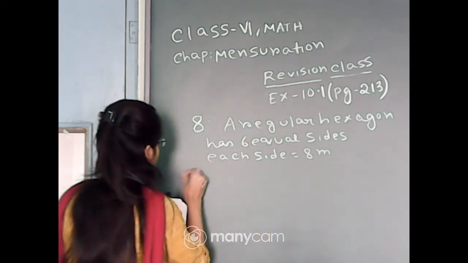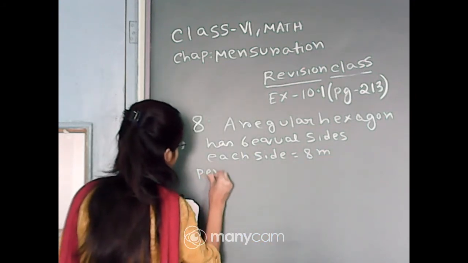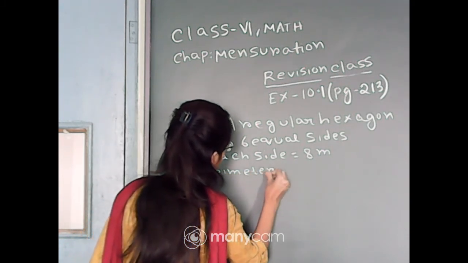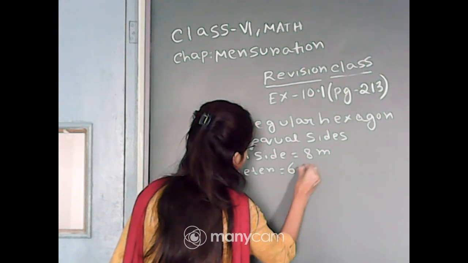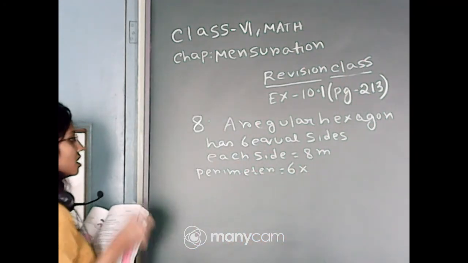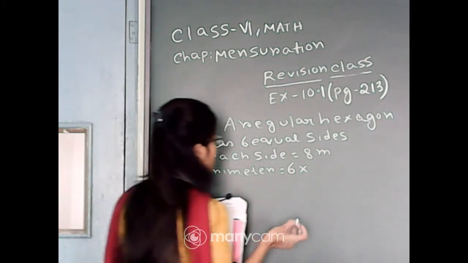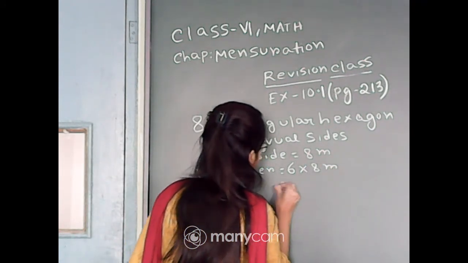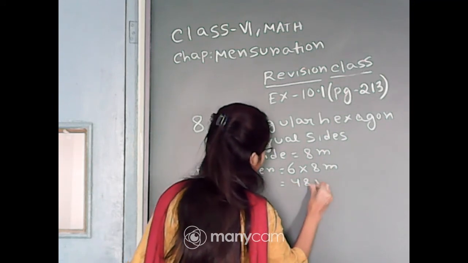Therefore, perimeter of the regular hexagon is equal to 6 into length of the side, that is 6 into 8 meter, and the answer is 48 meter.